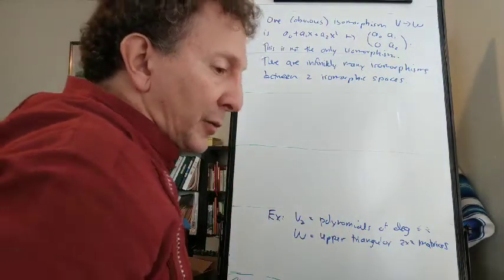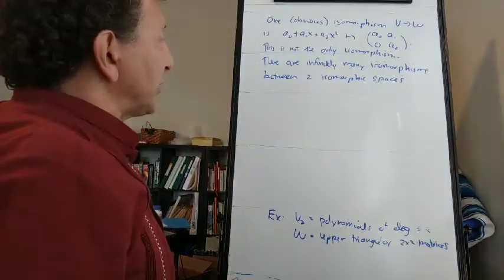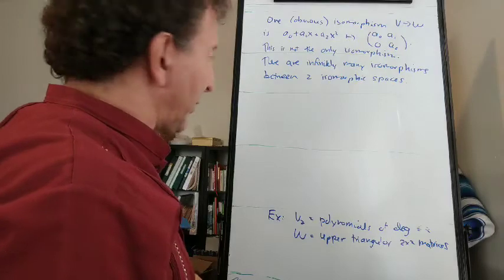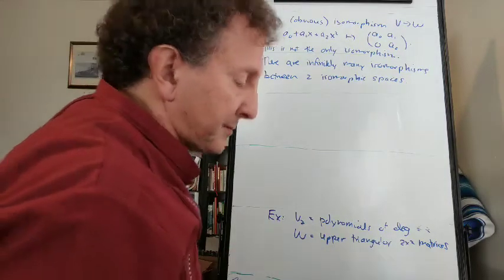So let's look at another one so that we actually have an interesting matrix to go along with the map, and we can invert it.